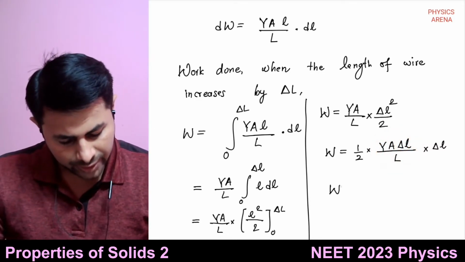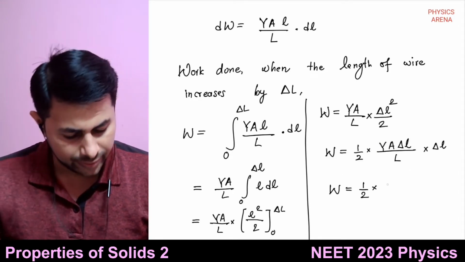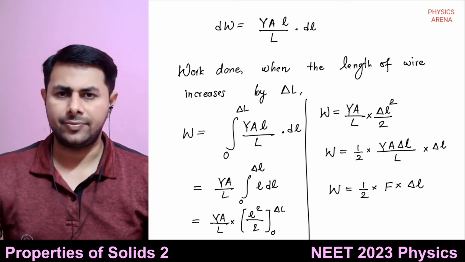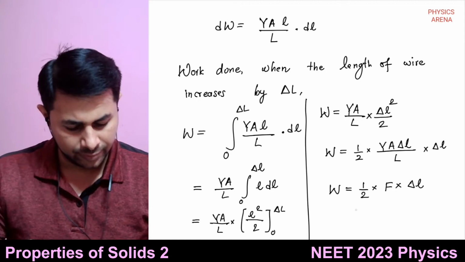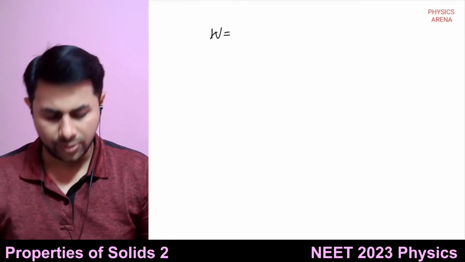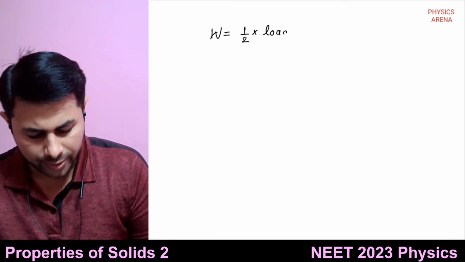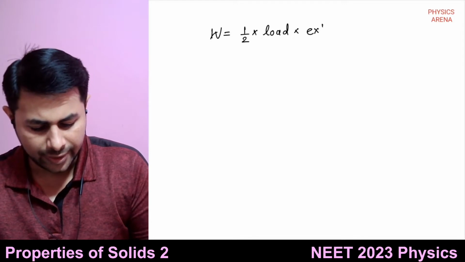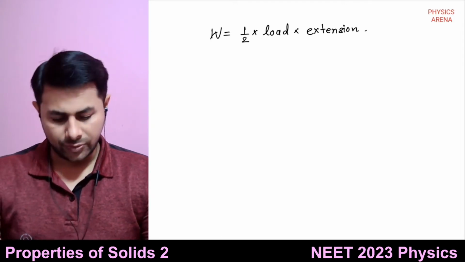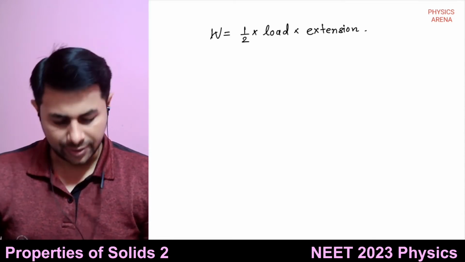So the work done can be written as half of this force multiplied by delta L. Okay, and the force is called as load. So it is half of load multiplied by extension in the wire. Okay, so work done is written as half of load multiplied by extension.